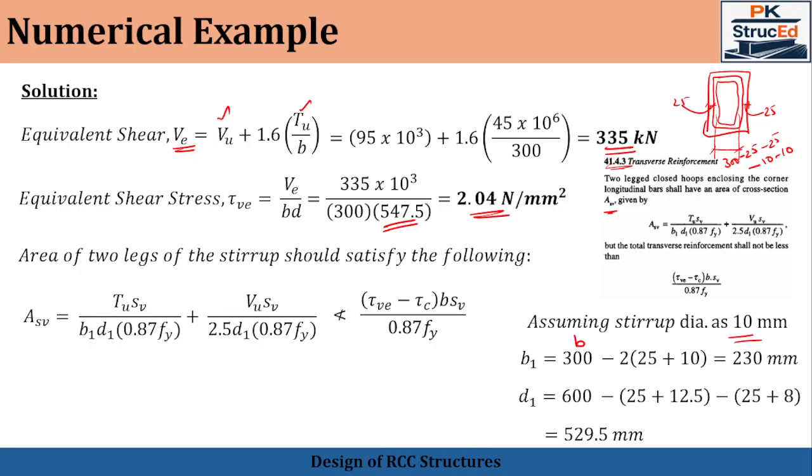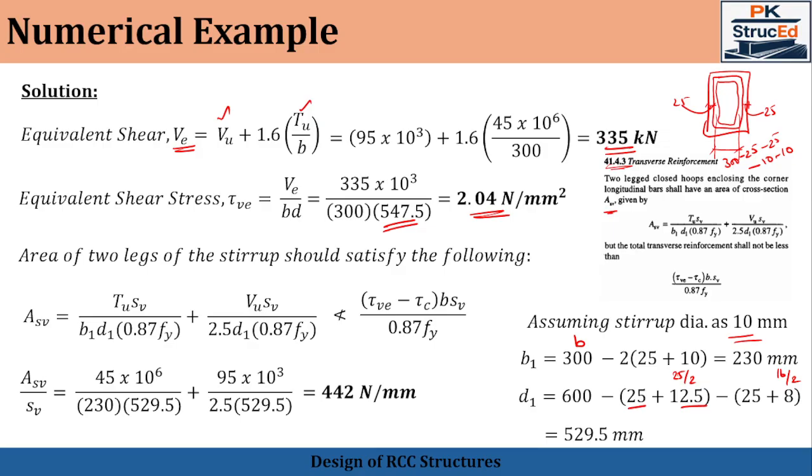Similarly, the effective depth will be calculated as 600 minus the clear cover 25 and half the diameter of the top bar, that is 25 by 2, which is 12.5. And similarly at the bottom we are provided with 16 mm dia bars. So 25 is the clear cover plus 16 by 2. So you'll be getting the effective depth as 529.5.